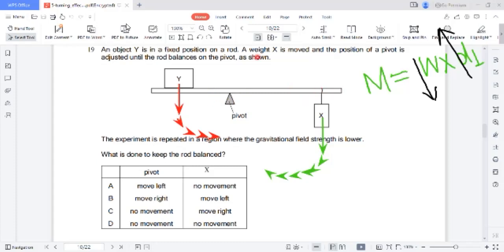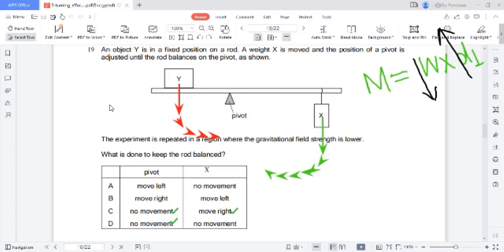But if we keep the pivot on a single position and don't move it, we can move X to the right side to increase the clockwise movement.